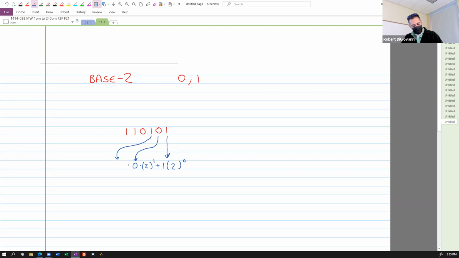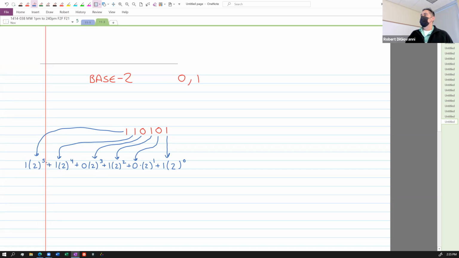This means I have 1 2 to the 2. This means I have 0 2 to the thirds. Here I have 1, 2 to the fourth. Are you following the pattern here? Last one. 1, 2 to the fifth. Yes?